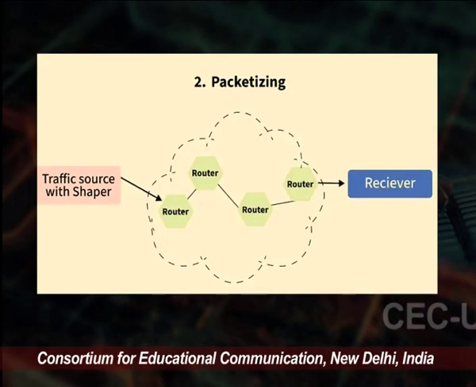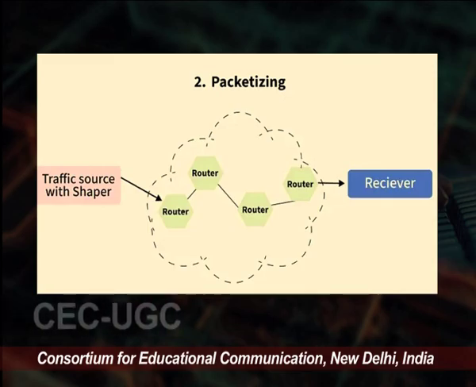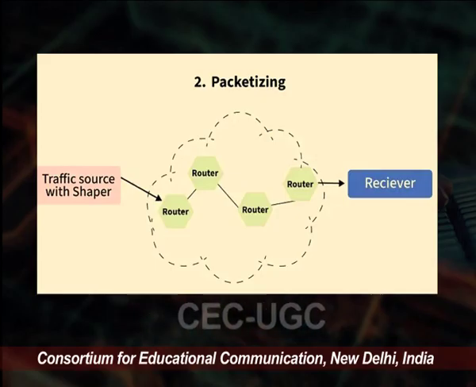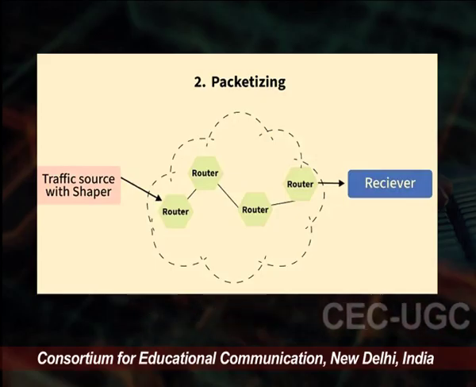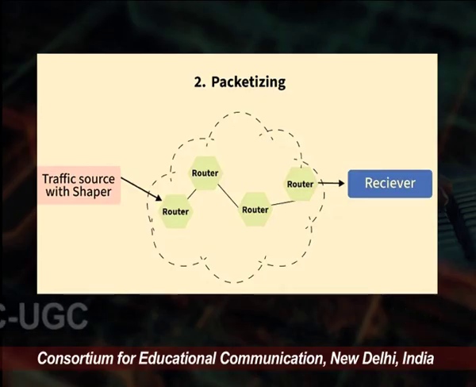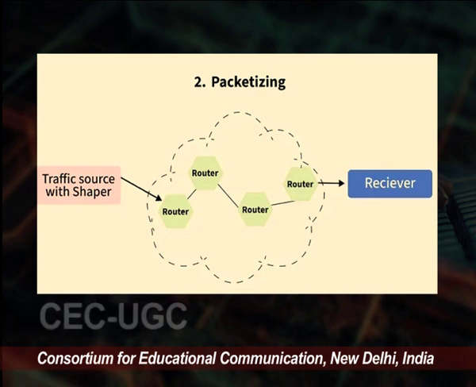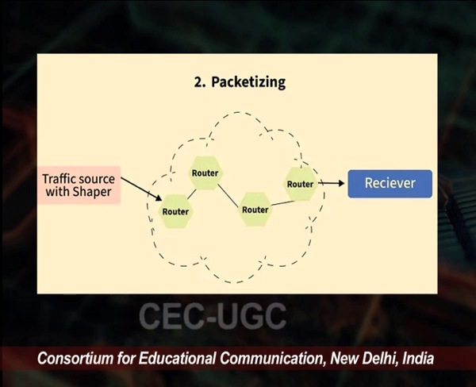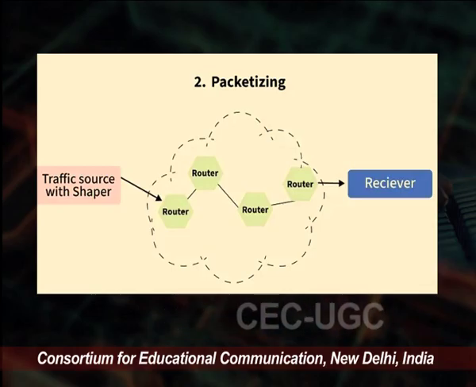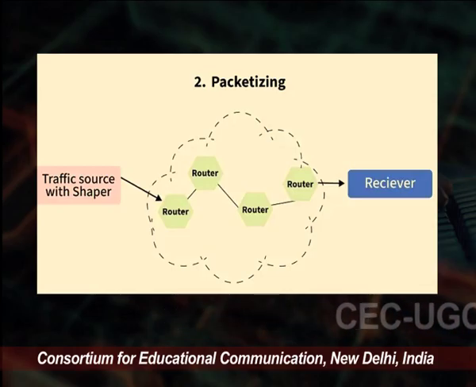Apart from logical addressing, the next functionality in the network layer's list is packetizing. Here is a figure to help you. You can see one traffic source, and on the other side a receiver. In between the traffic source and the receiver, you can see different routers.